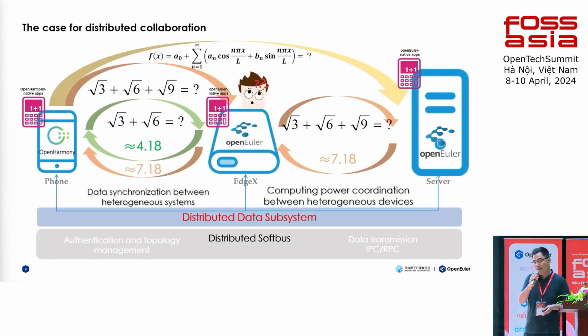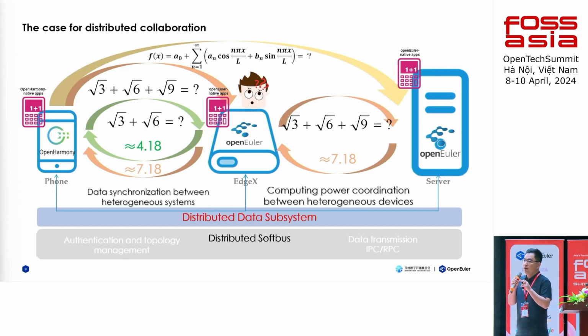This is the example I just mentioned. You can experience it at the openEuler exhibition area. The mathematical expression can select a suitable device to calculate, according to the complexity of the mathematical expression.